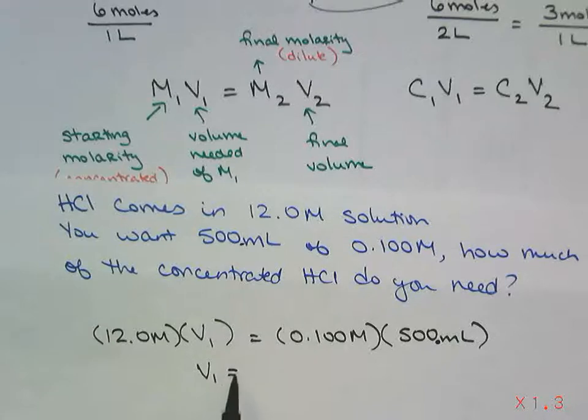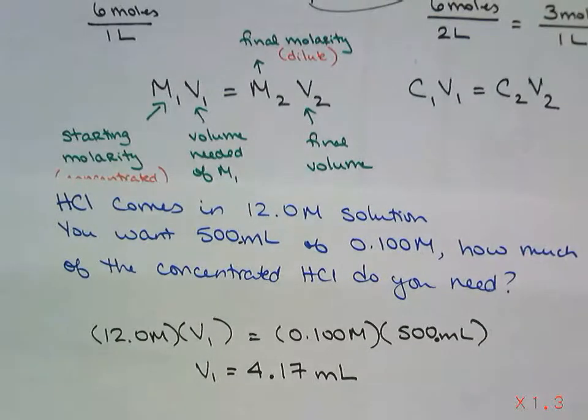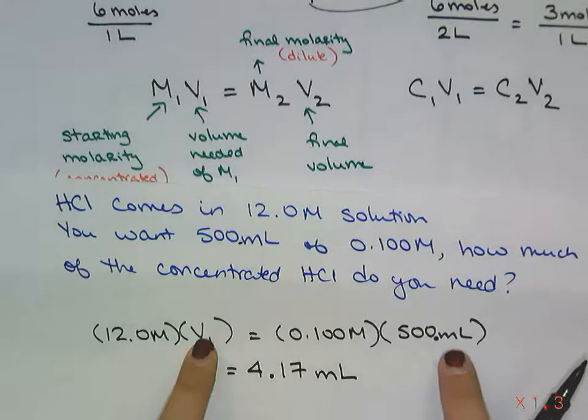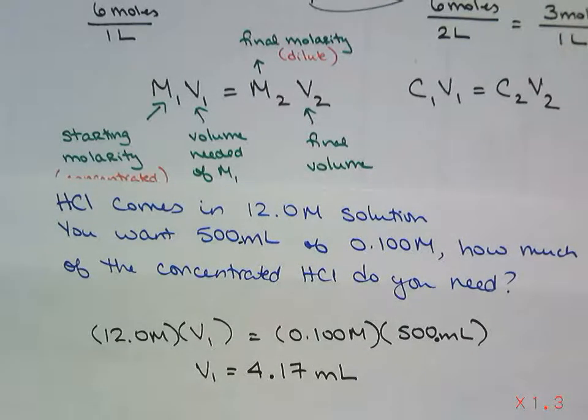V1 equals 4.17 milliliters. I could have done liters and liters. That would have been fine, as long as they're the same. That should have been just a little bit of review, because we did that in lab. You had that red food coloring, blue food coloring. All right, any questions on that?